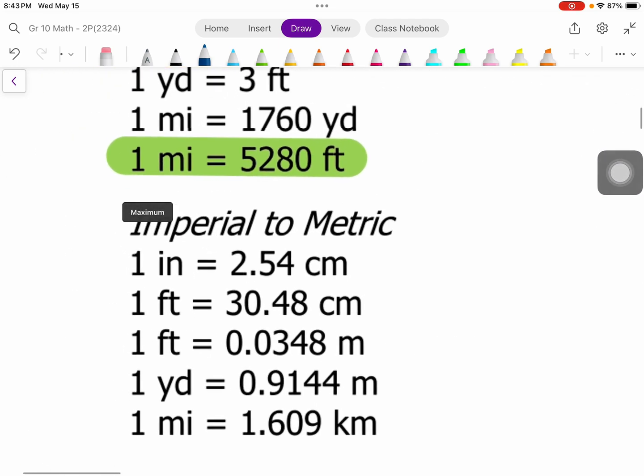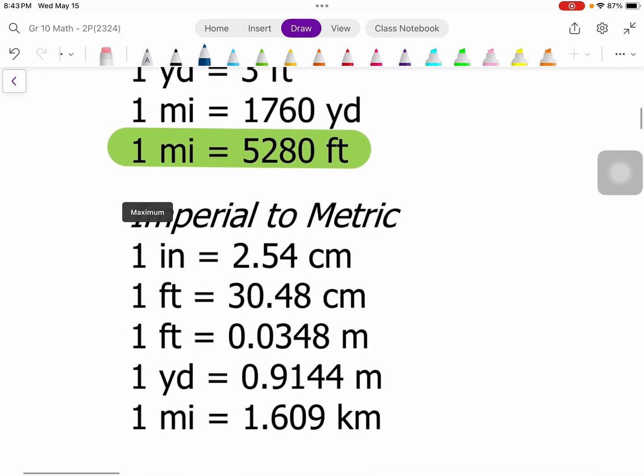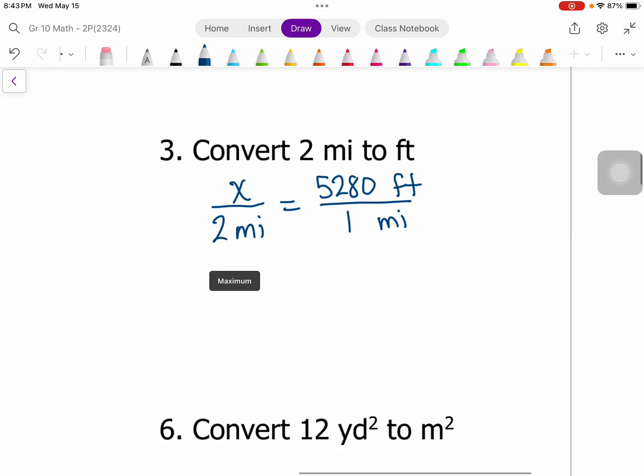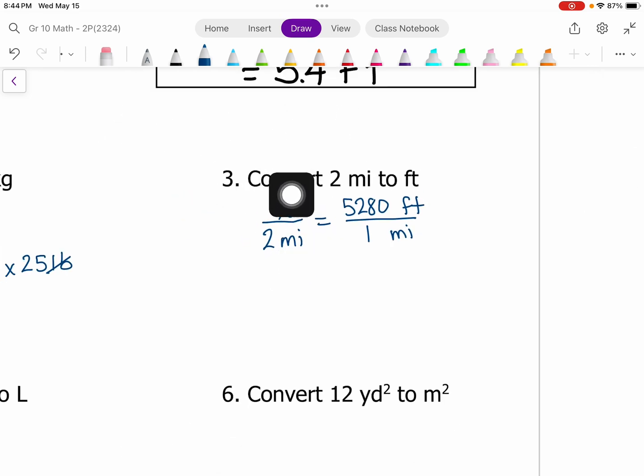So I have 1 mile is 5,280 feet, and I'm going to make sure that my unknown, my feet, is on top and the 2 miles I'm starting from is on the bottom. Where I use that conversion amount, the miles is in the denominator and feet is in the numerator. Once again, we'll move this over.